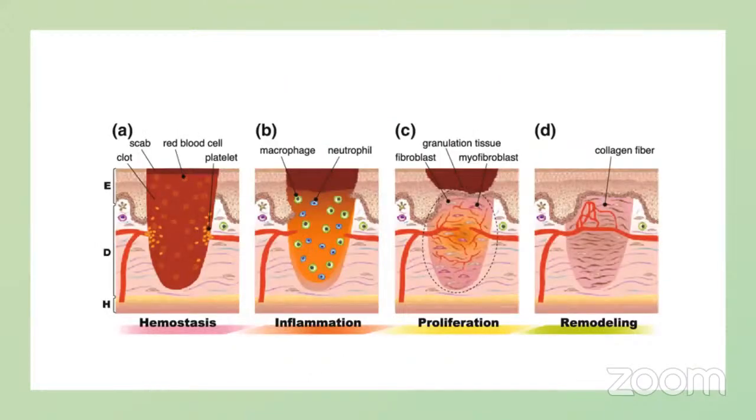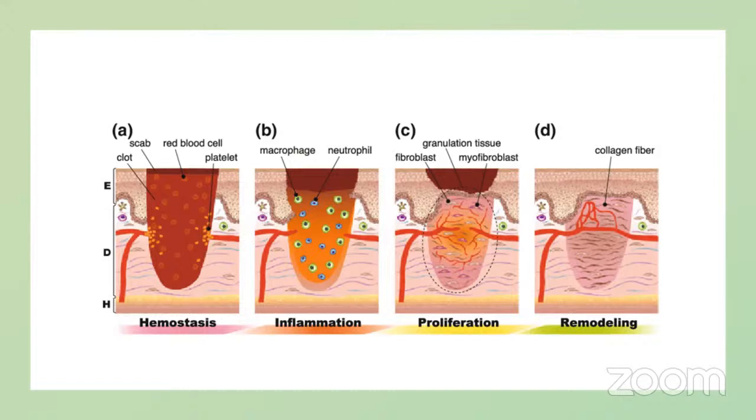So we'll once more go to the 4 stages: hemostasis, inflammation, proliferation, remodeling. Some textbooks give only inflammation, proliferation, and remodeling phase, because they include hemostasis as a part of the inflammatory stage. But here I have kept it as 4 different stages for a better understanding. In the first hemostatic phase, the body tries to form a clot, and that clot is formed with the help of platelet plugs and fibrin threads.